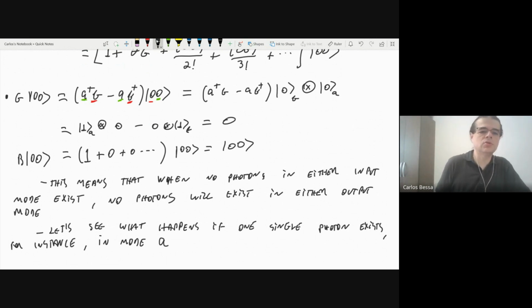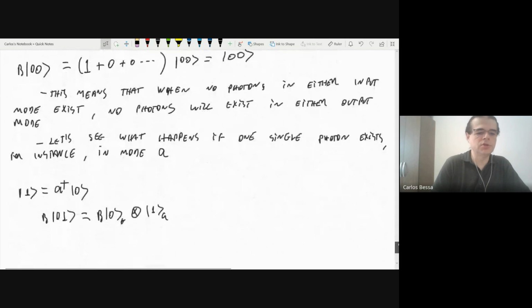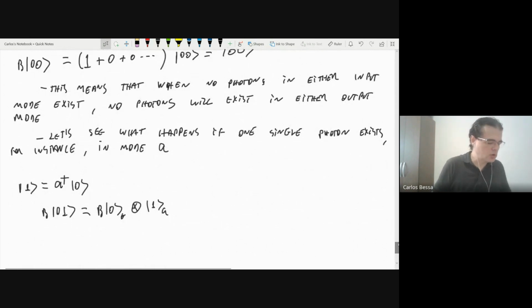But here it makes no difference, because this would be the opposite, but it's 0 anyway. But in this definition, it changed. So this is B, 0.